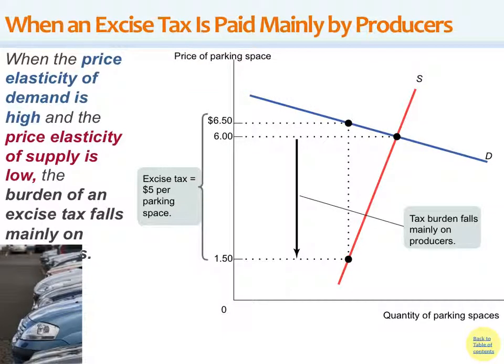Here's an alternate example where the seller, in this case, is the less elastic partner, the more inelastic partner. The buyer is the more elastic partner. The buyer, in this case, gets to escape the tax a little bit more than the seller. So you find that wedge, draw it in there, and you've got, compared to the original equilibrium price of $6, sure, the buyers pay a little bit more, but really, the sellers bear more of the tax, right?